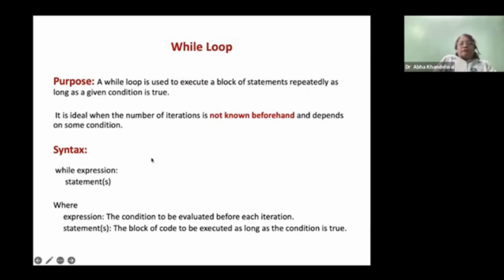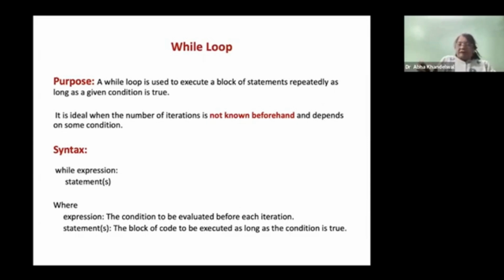So when should we use the while loop? It is ideal when the number of iterations is not known beforehand. We do not know how many times we have to execute that particular loop. Suppose you want to display a number and you have written a print statement. Fine, but you want to display all the numbers from 1 to 100.